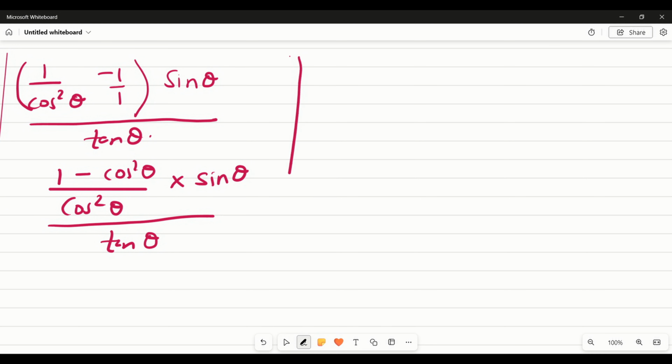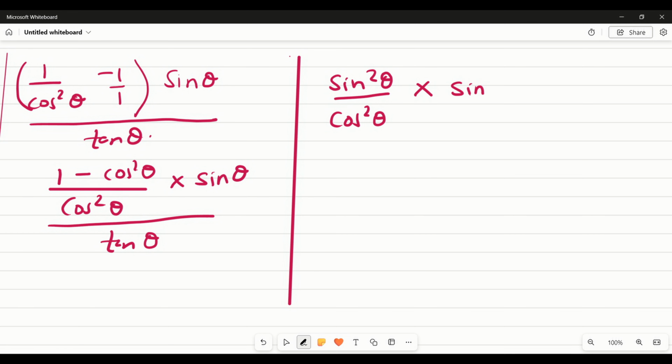So this one means that we'll end up having 1 minus cosine squared theta is the same as what? 1 minus cosine squared theta is the same as sine squared theta. Then over cosine squared theta, then times sine theta, then divide by tan theta.